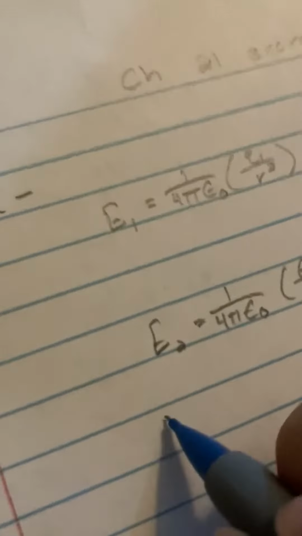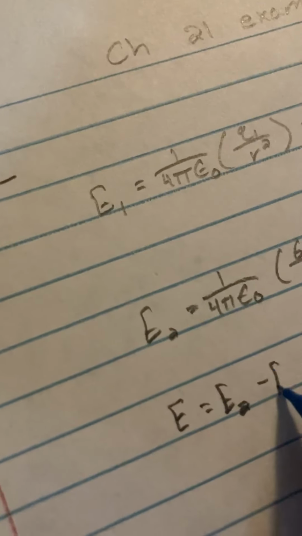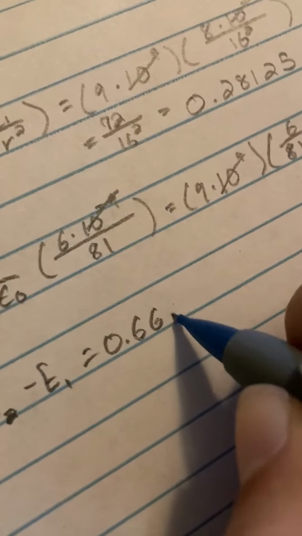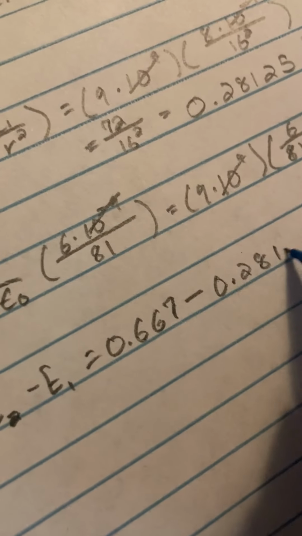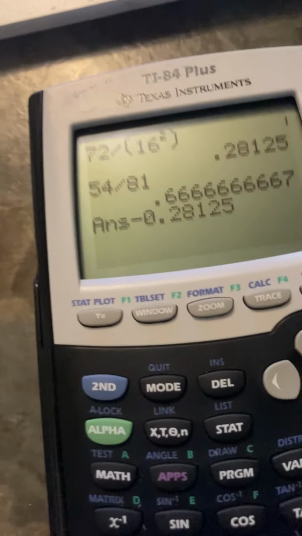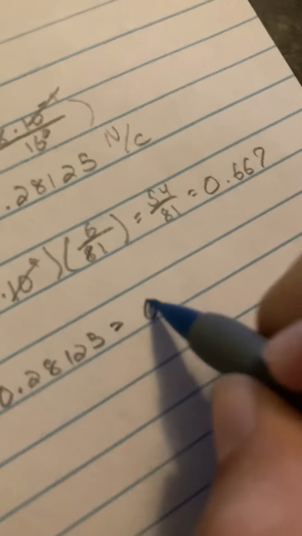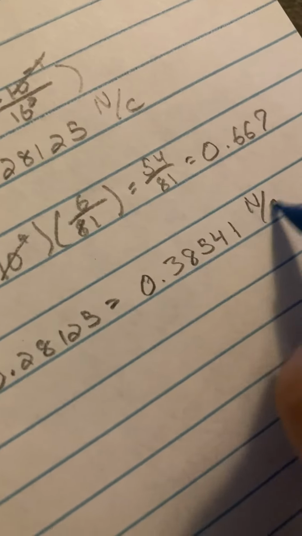Now to get E, we just have to subtract E1 from E2, which is 2/3 minus 0.28125, which equals 0.3854 N over C. This one is also measured in N over C, just to be clear.